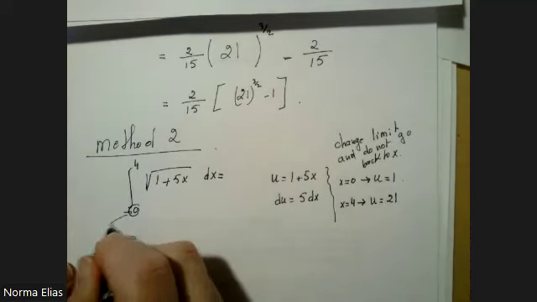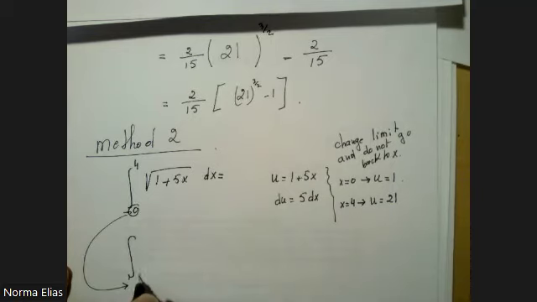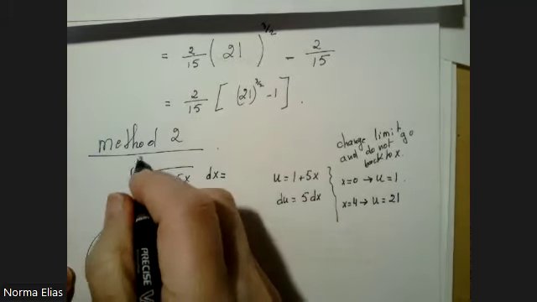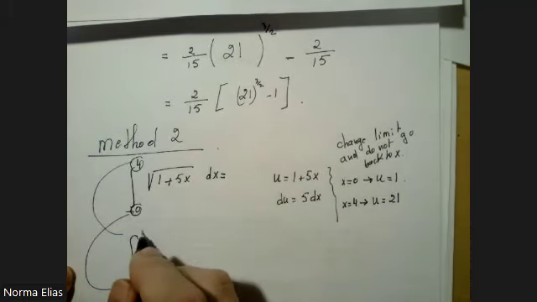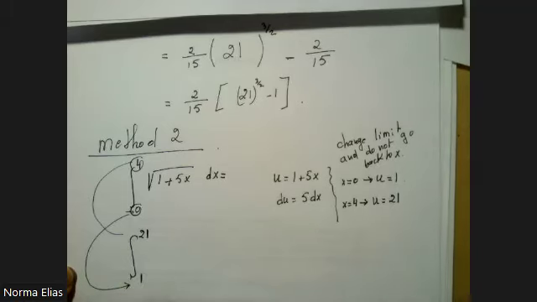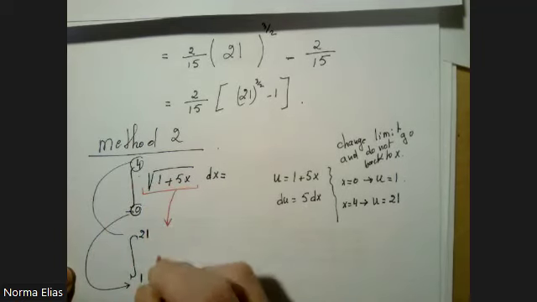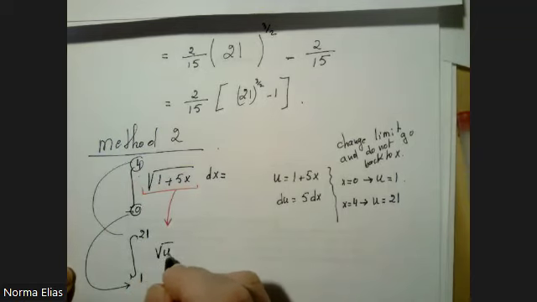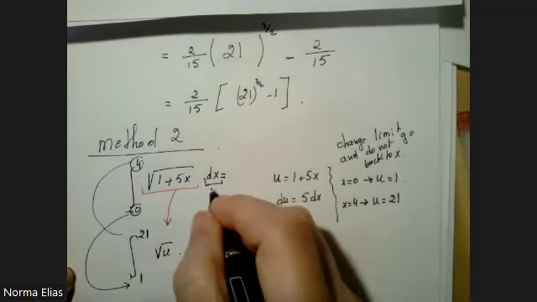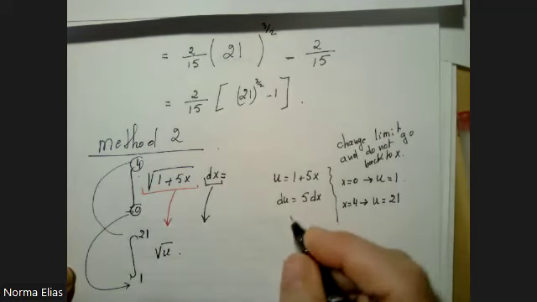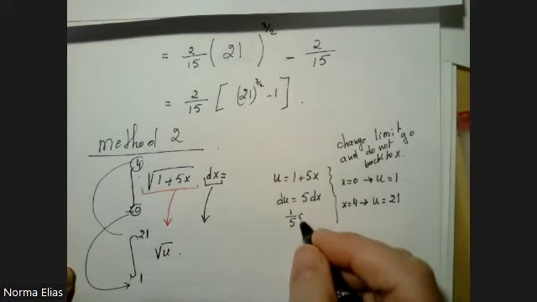The 0 now became the 1. The 4 now is 21. Everything in terms of u. Square root of 1 plus 5x is exactly the square root of u. And the dx is 1 over 5 du.